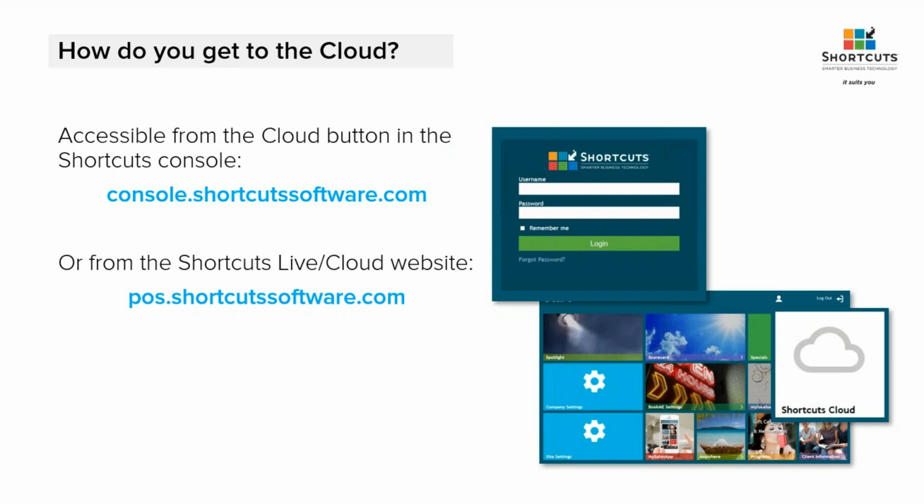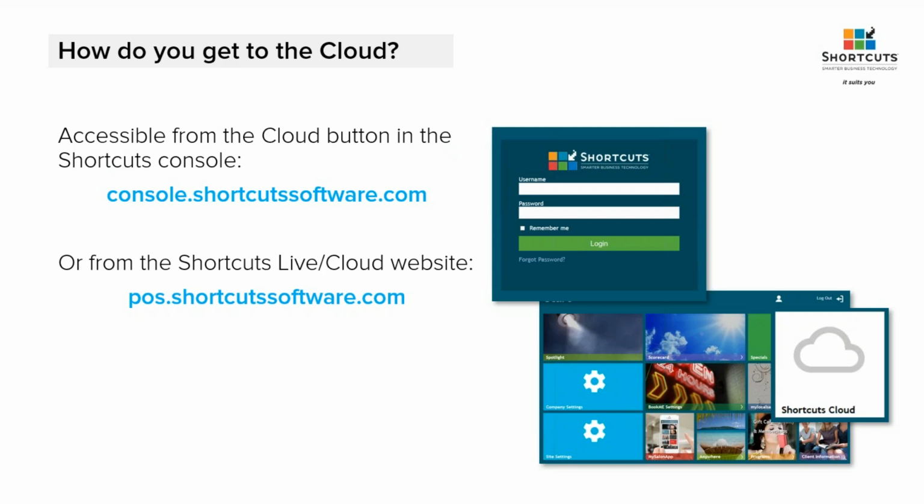So previously, these were some of the online services Shortcuts had, but we've added a new button that says the Shortcuts Cloud, and it's a little white icon with a little cloud logo. So it introduces you to our second web page. Now, you can go directly to the cloud web page. You do not necessarily have to go through the console.